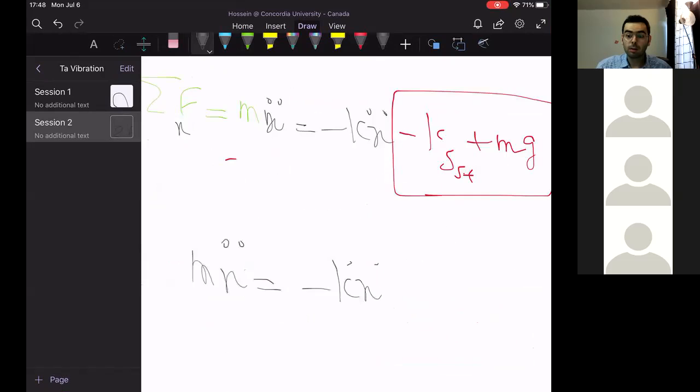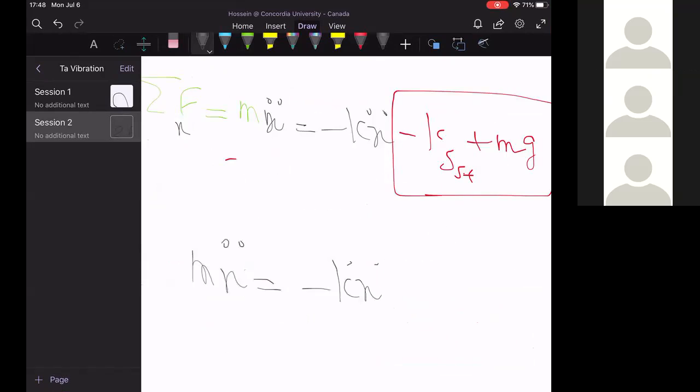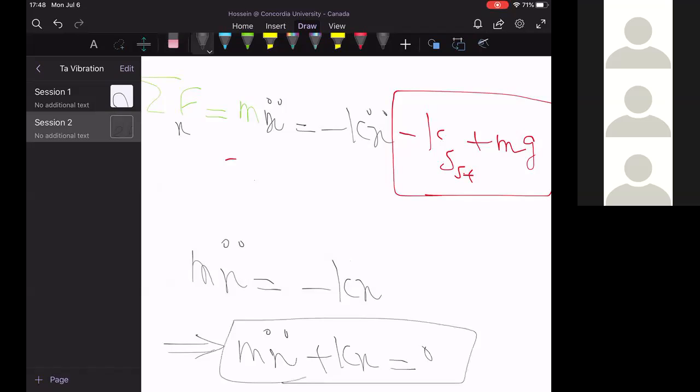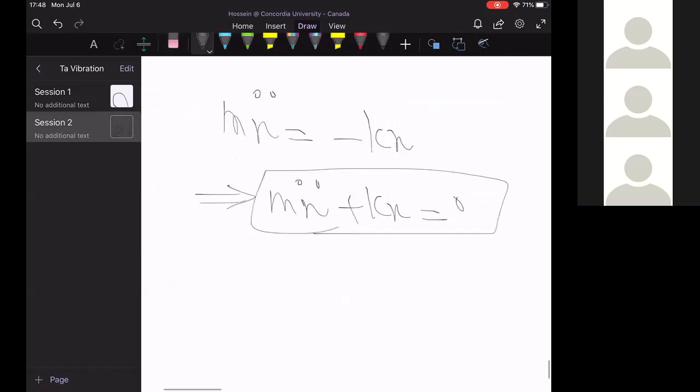Therefore, m x double dot plus kx is equal to 0.